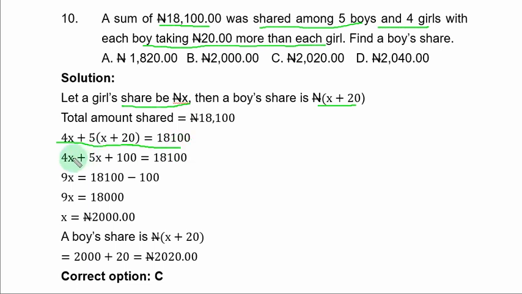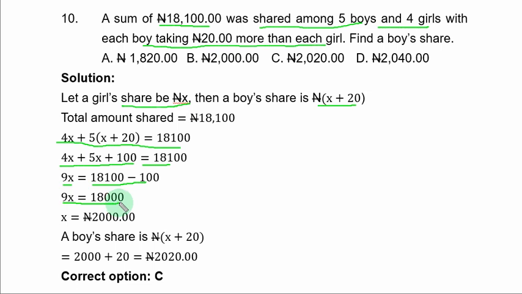18,100 naira. If you open the bracket, you have 4s plus 5s plus 100 equal to 18,100 naira. Now 4s plus 5s is 9s. If you transfer plus 100, it becomes minus 100 in this form. And when you subtract, you have 9s equal to 18,000.